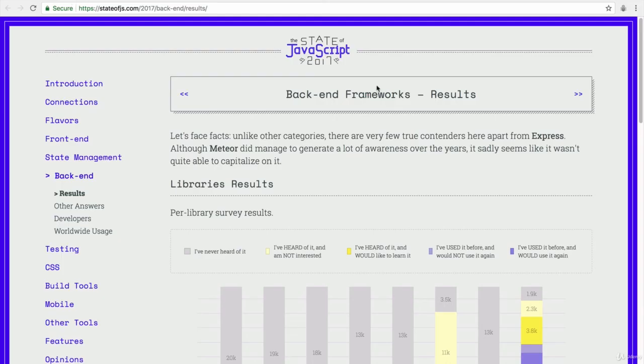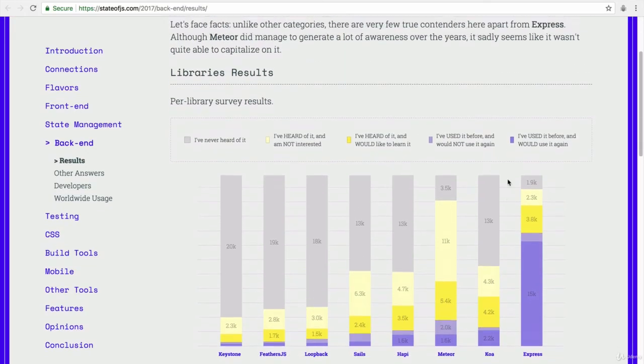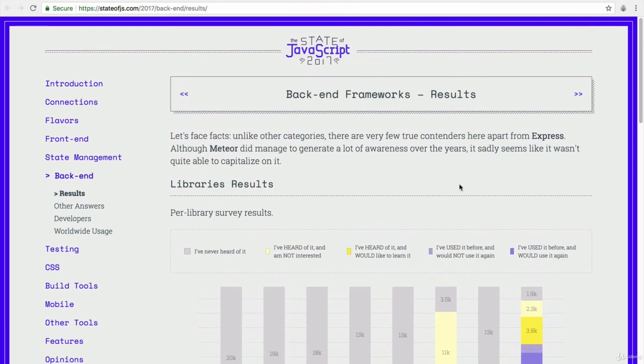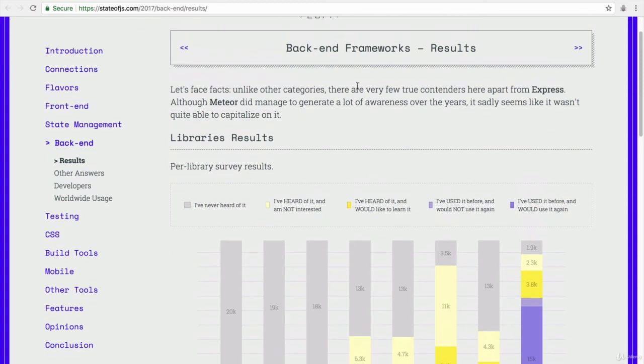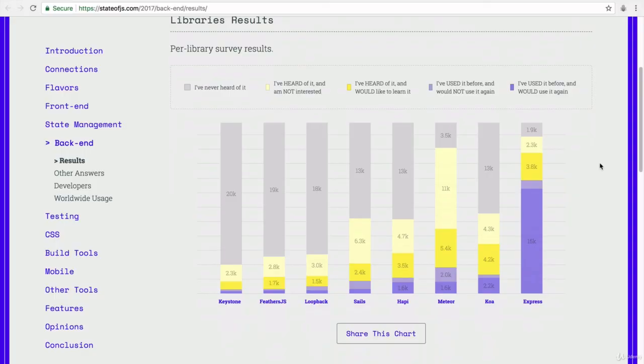And if you have a look at the State of JavaScript, which is this annual survey for JavaScript programmers, you can see that when they surveyed these people on the back-end frameworks, people really depend on Express. And if you have a look at this graph, you can see that "I've used it before and I would use it again" is massive for Express, whereas it can't really be said for the other sort of frameworks that help you to do the same thing. So it's a really, really big deal in the Node web development community.